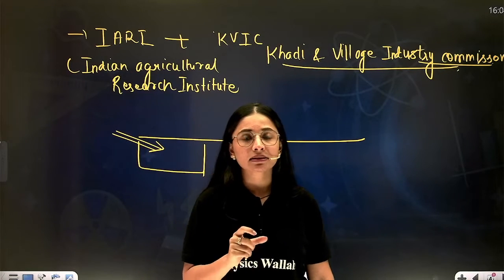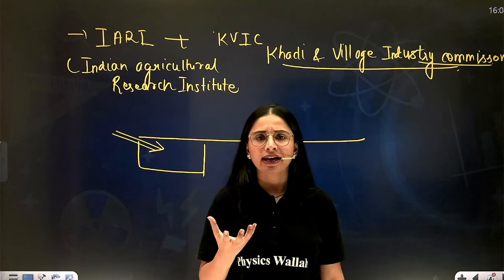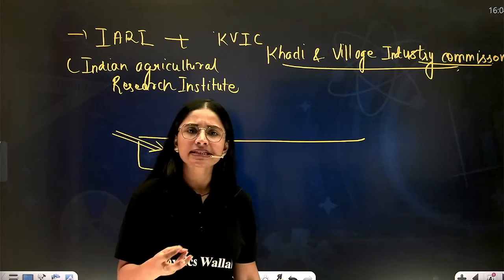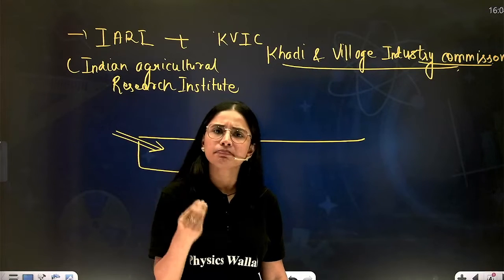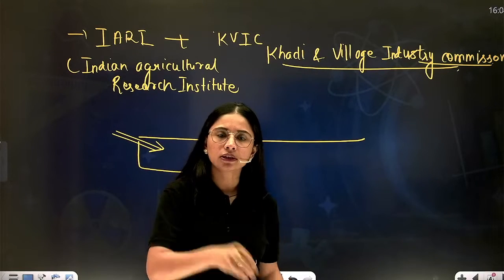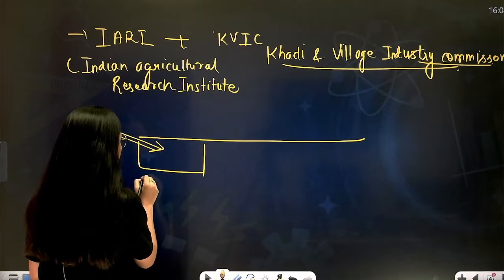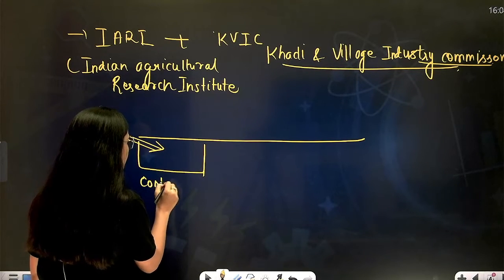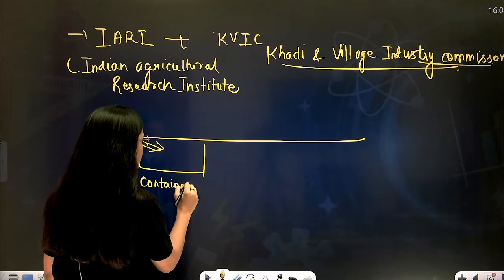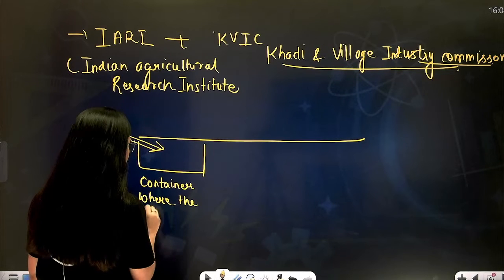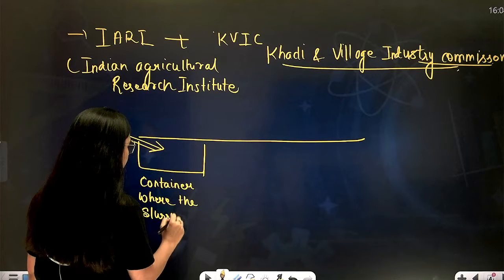And slurry is rich in sewage plus water, like sewage and dung and everything is mixed. Animal excreta plus sewage is mixed, and along with water it is fed in this container. So this is the first container where the slurry is kept, right?